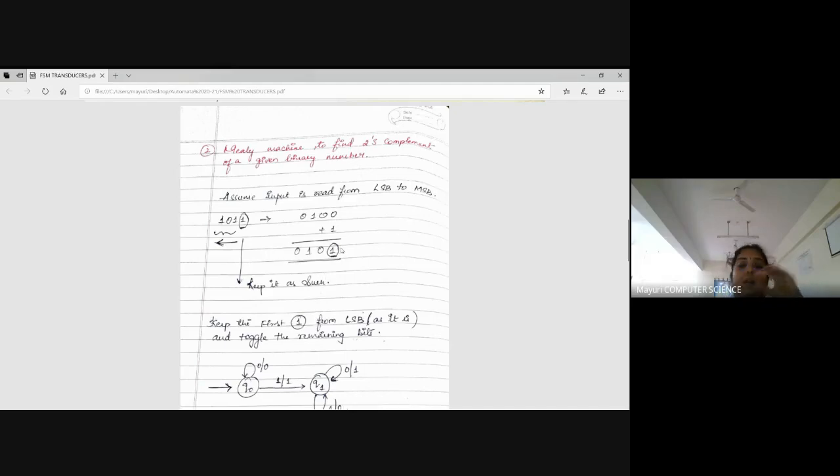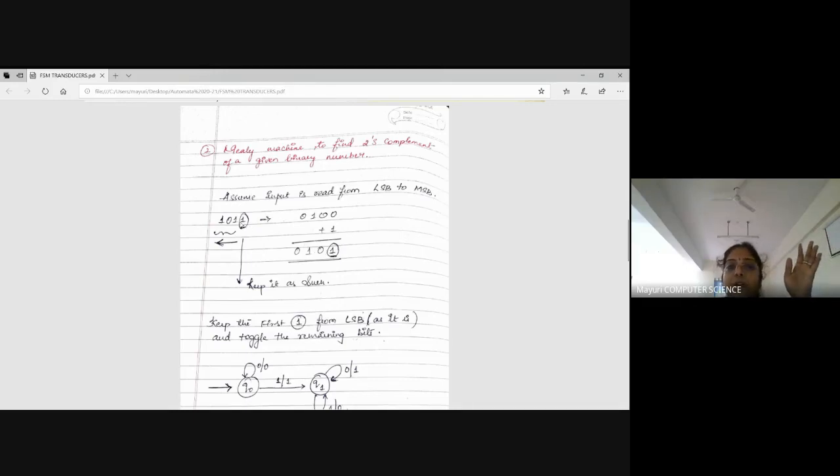Now I'm just getting the correlation between my input string and the output string, the two's complement. I found that the LSB is the same all the time, whether the LSB is 0 or 1. If I do a two's complement, if you want to try, you can try right now. If the LSB of the input string is either 1 or 0, it remains as such.